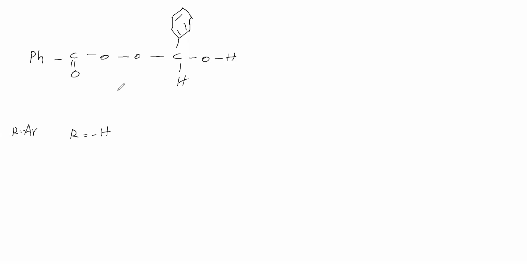Will the phenyl ring migrate or will hydrogen migrate? If the phenyl ring is migrating, how the transition state will be, that point we will see. Now this phenyl ring is migrating.